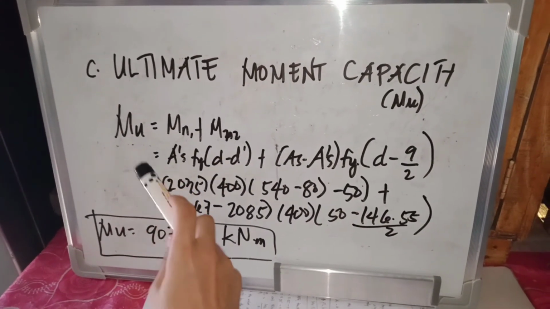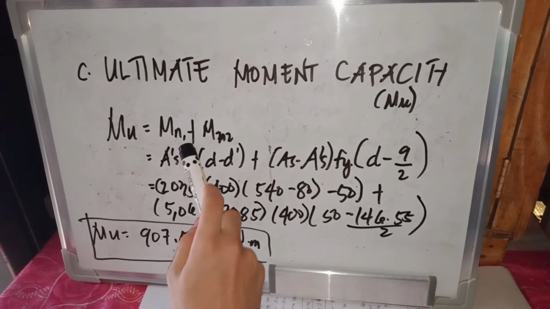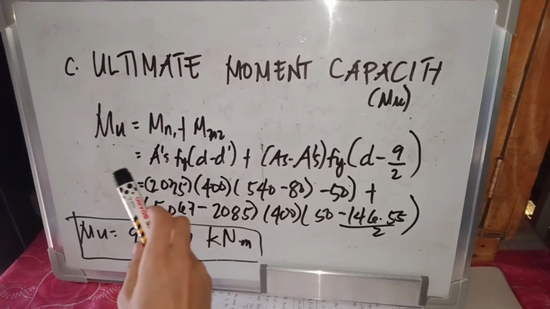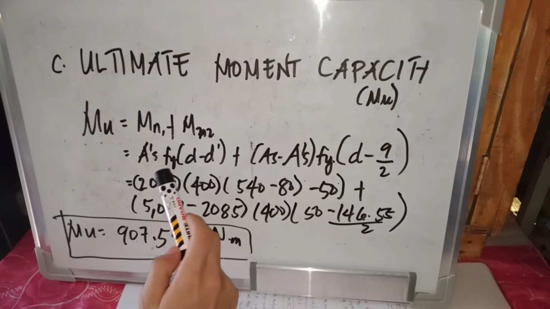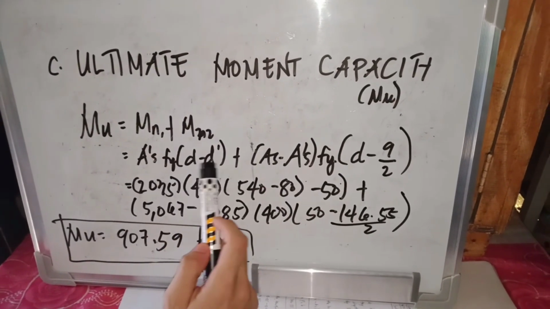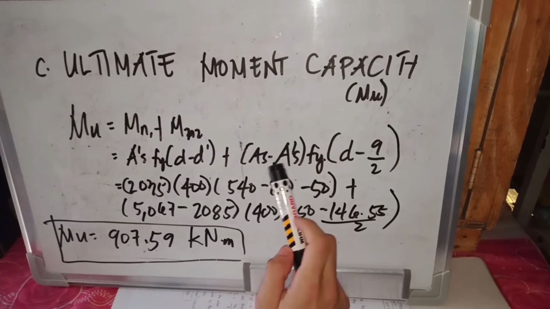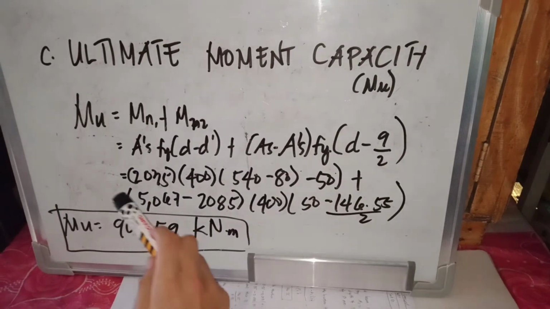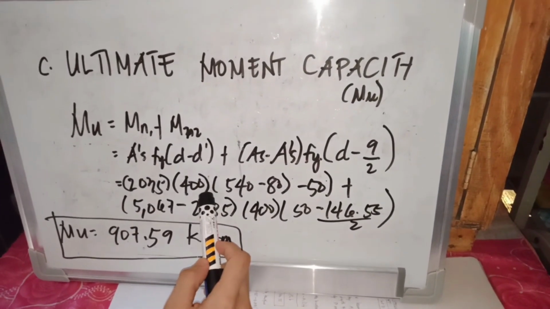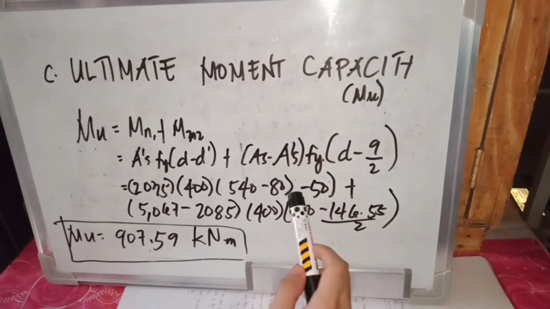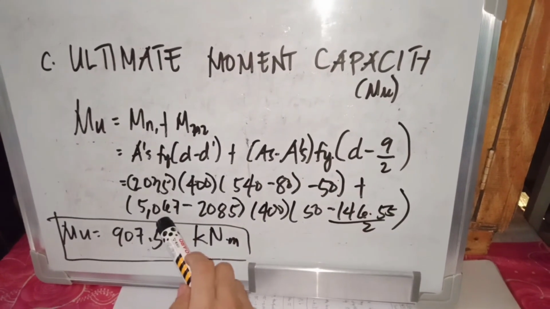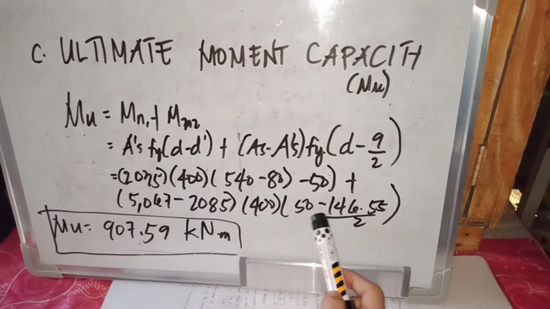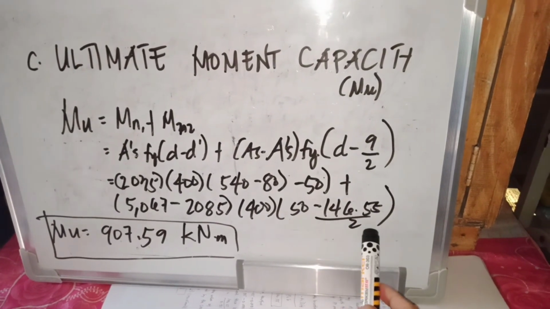Mu is equal to the moment capacity of area 1 plus the moment capacity of area 2, which is A's times fy times (d minus d') plus (As minus A's) times fy times (d minus a over 2), equals 2035 times 400 times (540 minus 80 minus 50) plus (5067 minus 2085) times 400 times (50 minus 146.55 divided by 2).